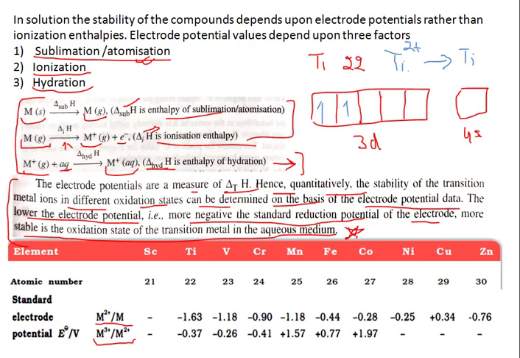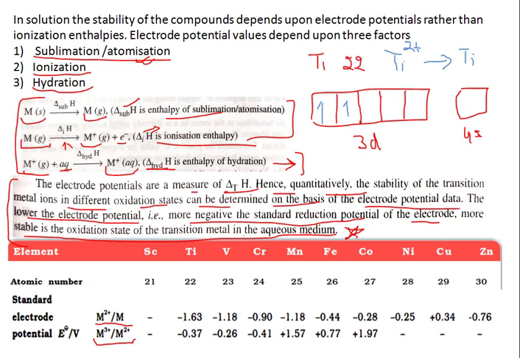right? So when this transformation takes place, first of all the metal has been changed, and during that process energy is required, and then it is dissolved in water.